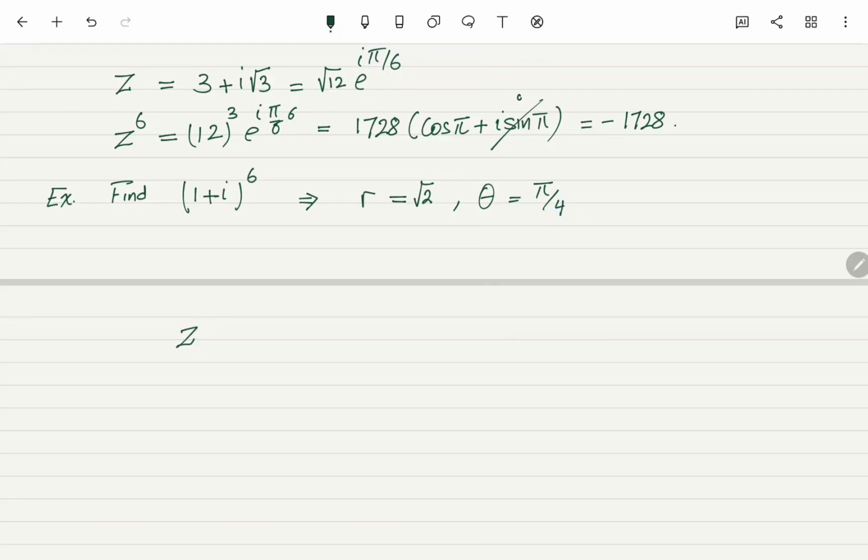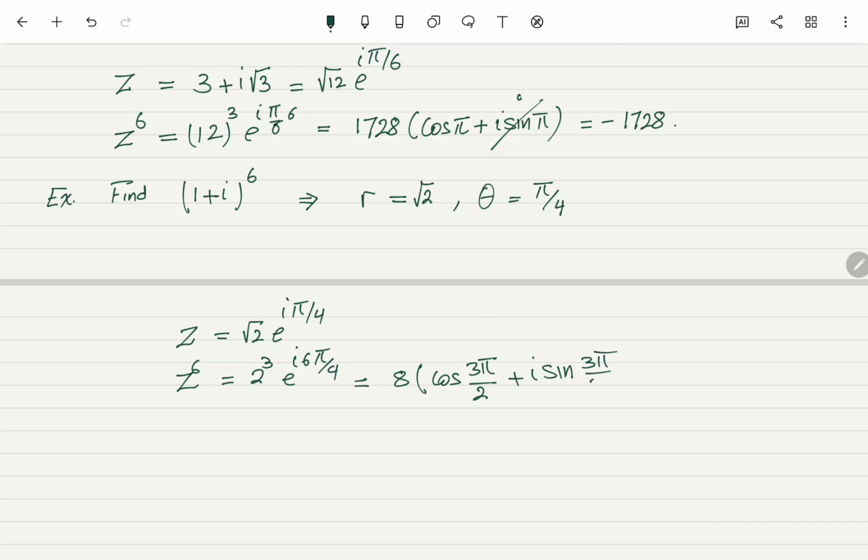Therefore, z equals square root of 2 e to i pi over 4, and z to the power 6 equals 2 to the power 3 e to i 6 pi over 4, which equals 8 (cosine 3 pi over 2 plus i sine 3 pi over 2), or simply it's equal to minus 8i.